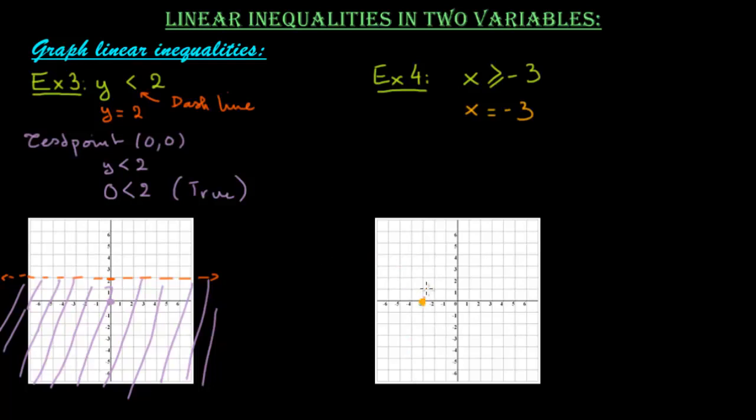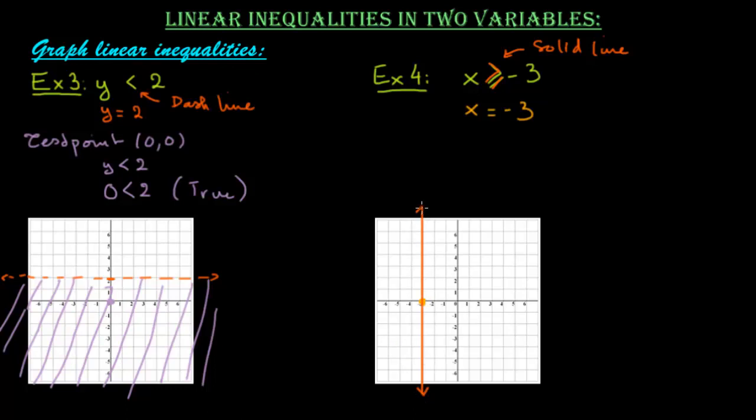And we have the equal to, greater than or equal to. Since we have the equal sign, I will use a solid line. So we draw a vertical solid line going through that point.